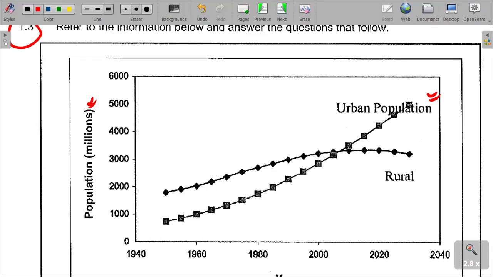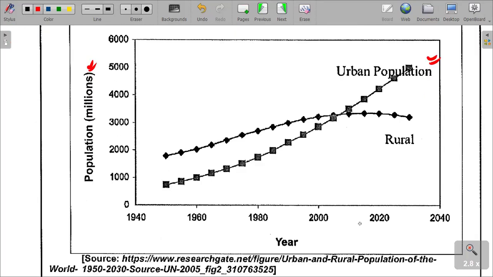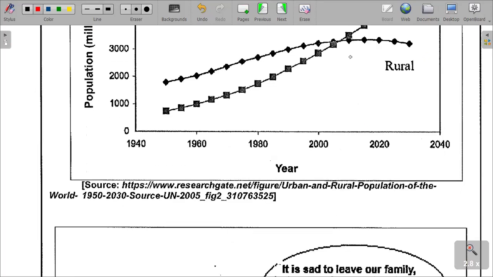And then rural population, it has been high and then it is decreasing. So we have an interaction in terms of population distribution. That is a phenomenon that we need to understand with regard to human migration and also modern day lives.